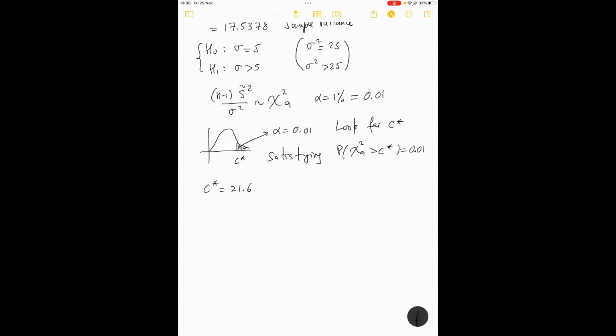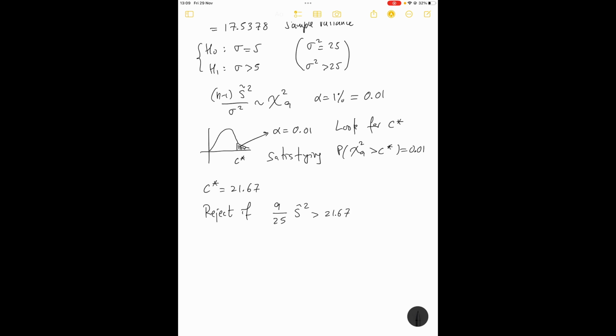So the critical region is the region of rejection. We are going to reject if n minus 1, 9, divided by sigma squared, 25, times S tilde square is greater than 21.6. Actually, it's 21.67.